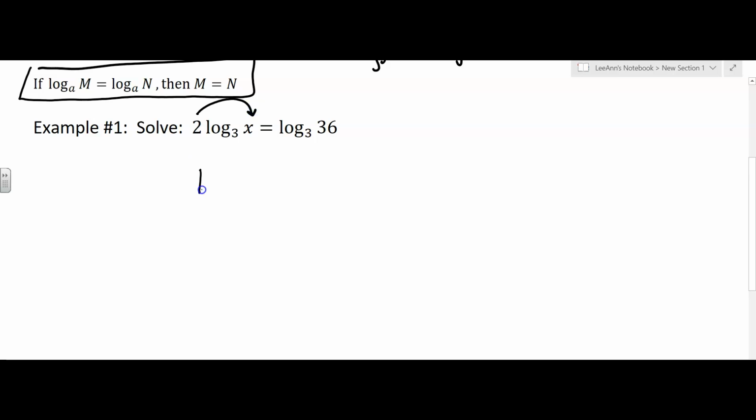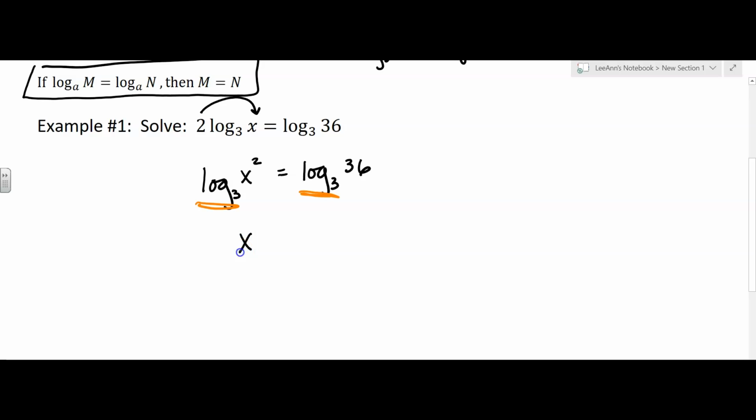So I'm going to write log base 3 of x squared equals log base 3 of 36. Okay, now I can compare the log base 3 here and the log base 3 here and say, well, I don't really need those. So I'm going to pop out the arguments and say x squared equals 36.